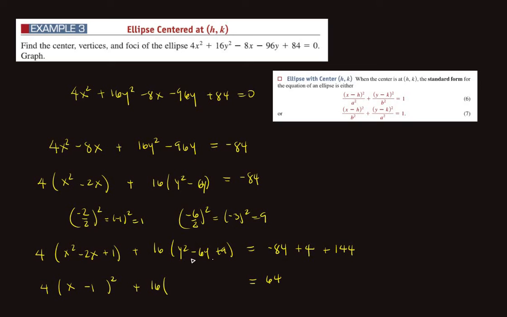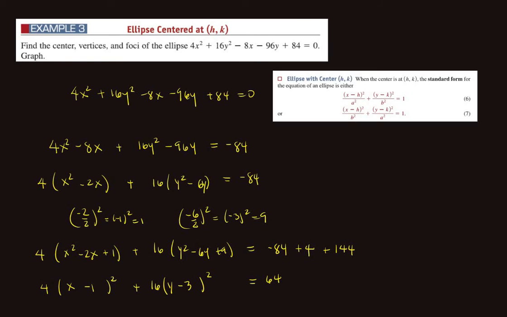The reason why we divide by 2 and square is because we turn this expression into a perfect square trinomial. So it's always going to be y minus the number we took here, negative 6 divided by 2, which is negative 3. Now, it still doesn't look like an ellipse.